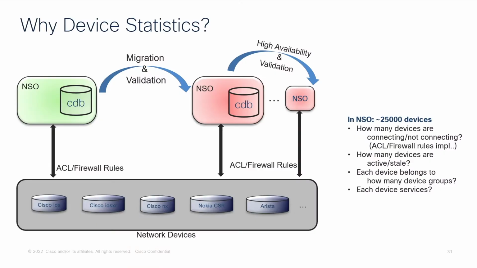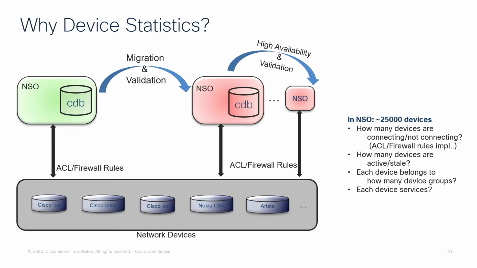Let us assume how many different types of environments we have to manage. Sometimes a single instance of NSO server, sometimes an HA environment with one master and many slave nodes. Sometimes we have to migrate our NSO servers from old environments to new environments. During that process, we have to validate our devices' connectivity.